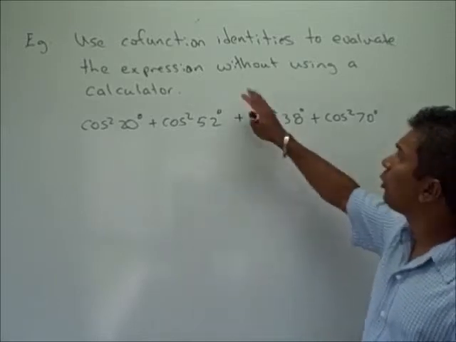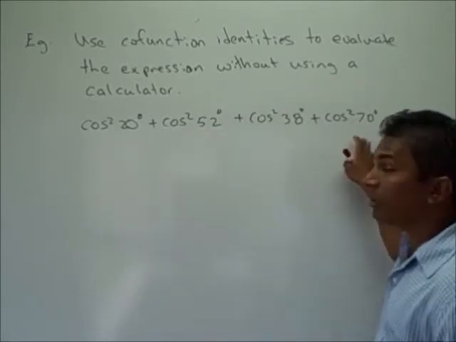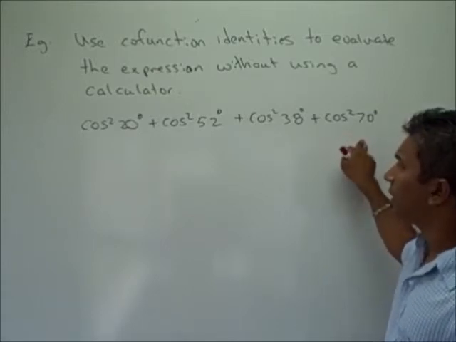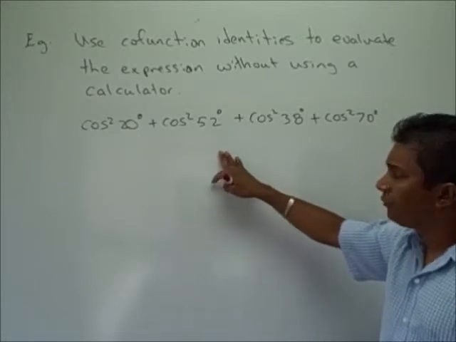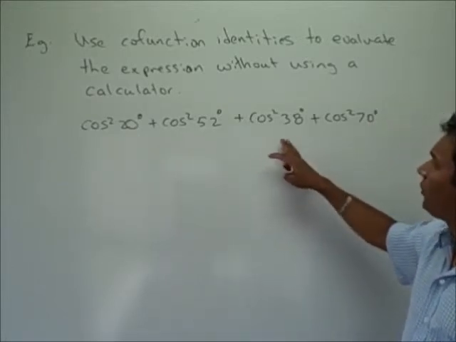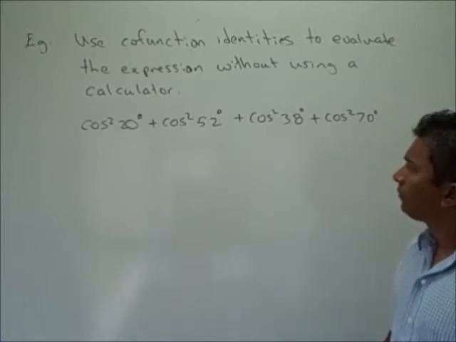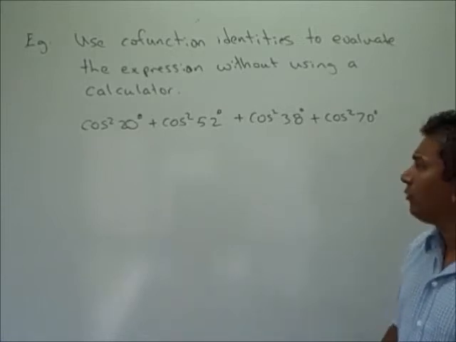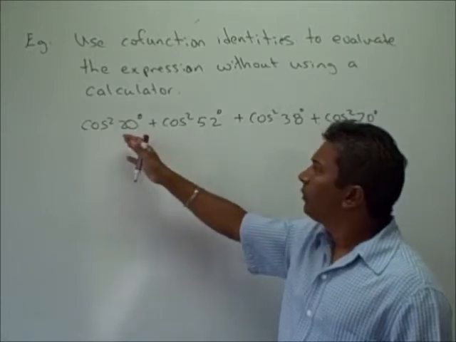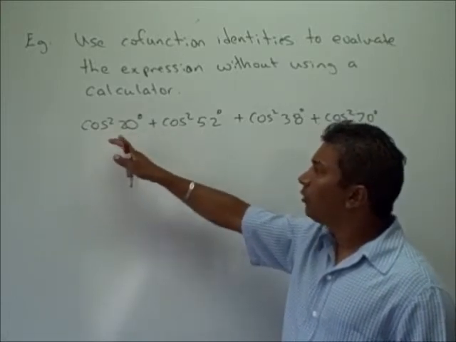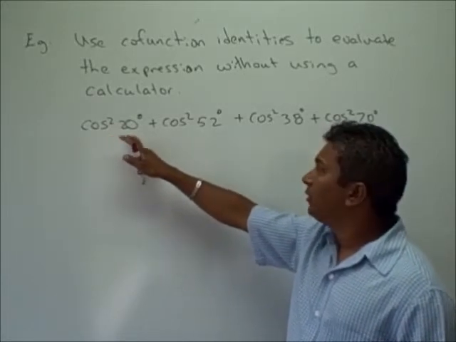Here we'll be using our cofunction identities to simplify this expression without the use of a calculator. So we have cosine squared 20 plus cosine squared of 52 plus cosine squared of 38 plus cosine squared of 17. We know of our cofunction identity that cosine of pi over 2, or 90, minus theta is equal to sine of theta.